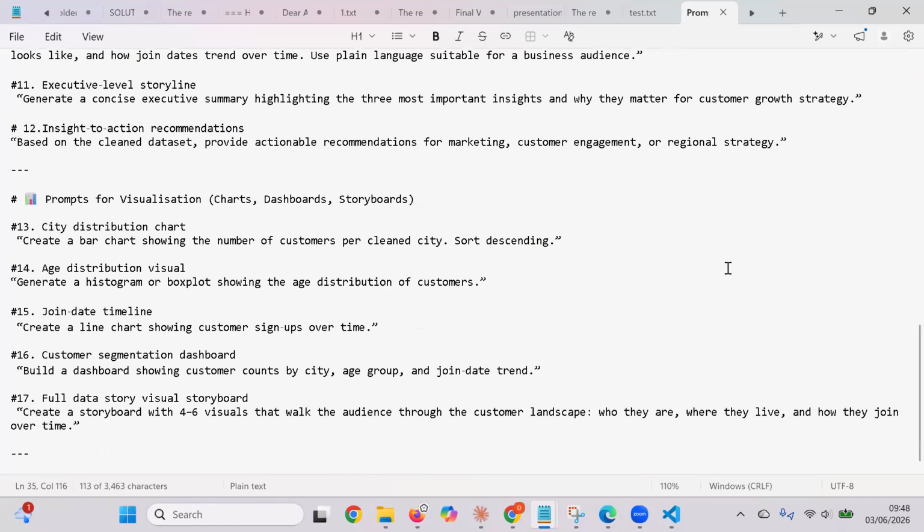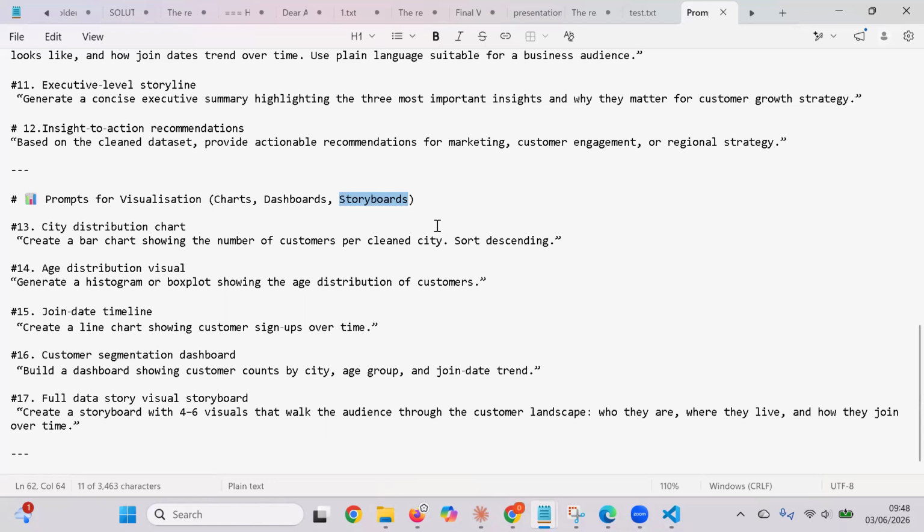Then we move downwards to the visual prompts for creating charts, dashboards, and even storytelling. Yes, we're going to create our own storytelling also, exactly like what he did. But ours is not going to be a video, it's going to be text, which previous classes have taught us you can use AI to turn into a video. You can do that also.